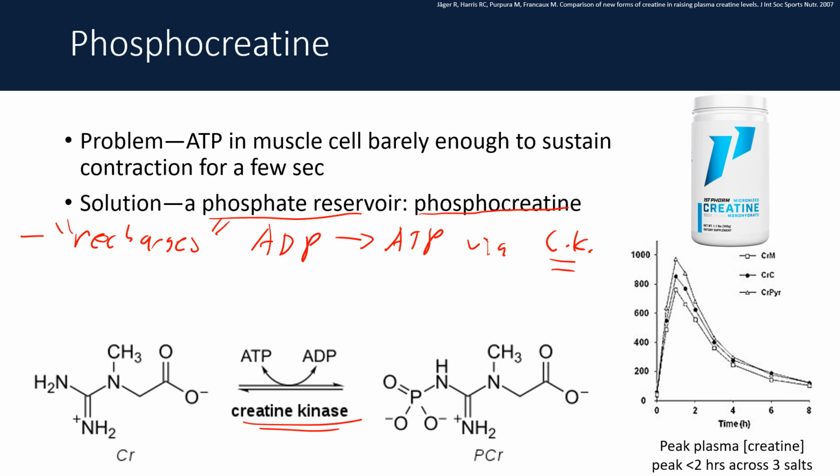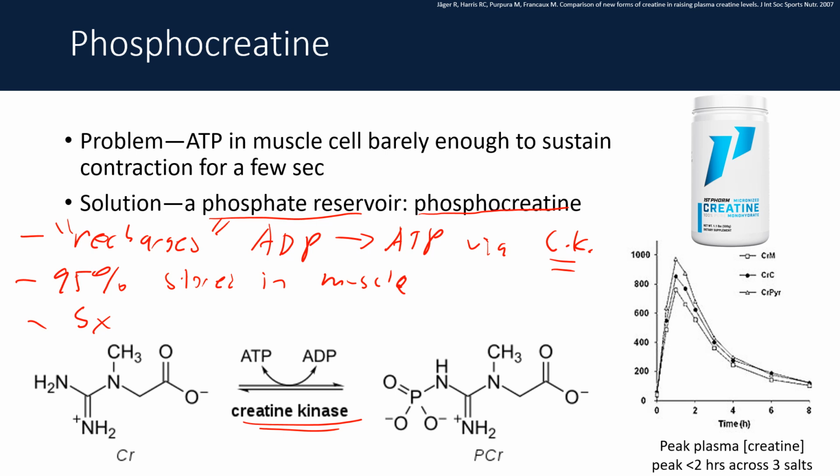And there's a good amount of this phosphocreatine the body can work with. About 95% of it is localized in muscle tissue. And the concentration of phosphocreatine is 5 times the amount of ATP.